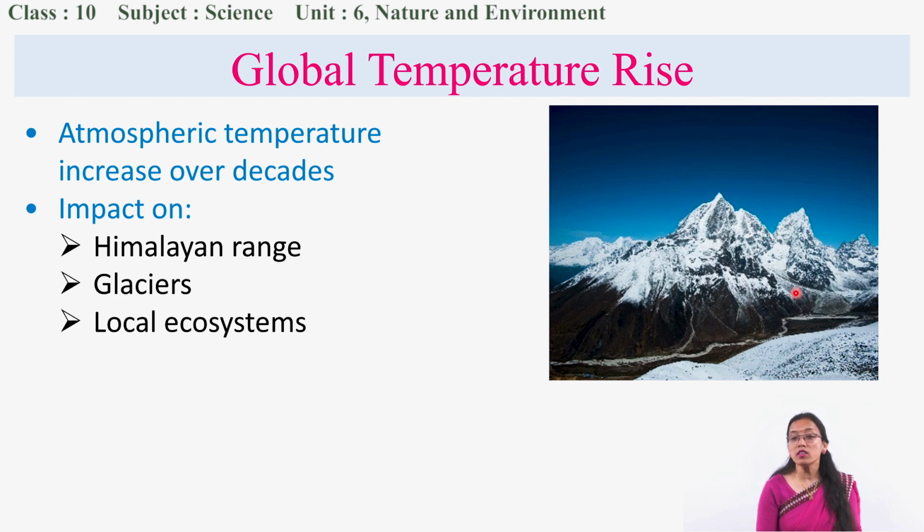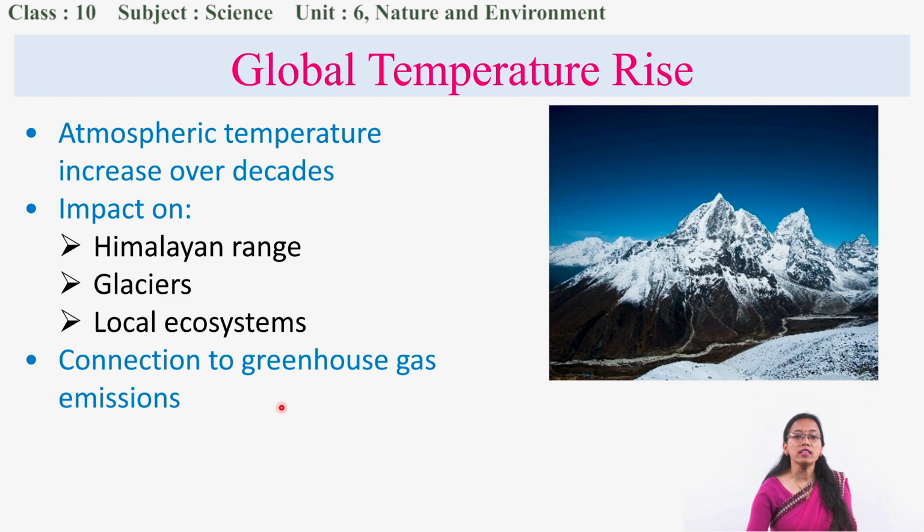Because of that, the ecosystem of the Himalayan region is affected. The organisms growing in the Himalayan region are now disappearing. So this rise in temperature affects the whole ecosystem as well as the physical condition of that environment.